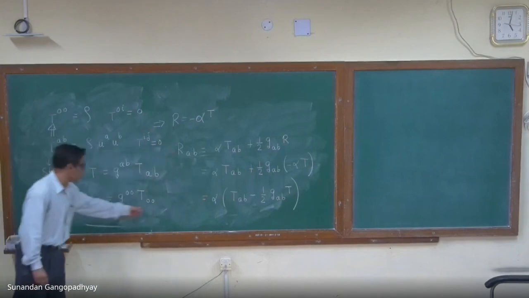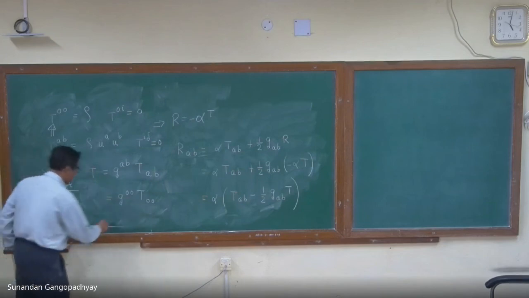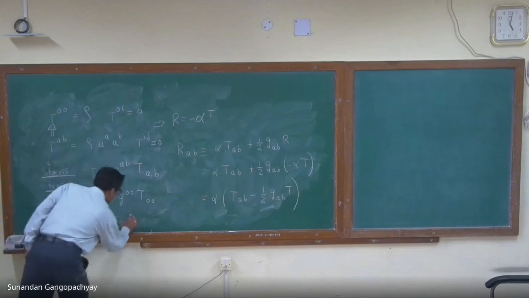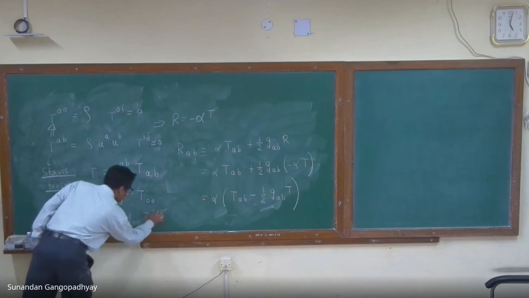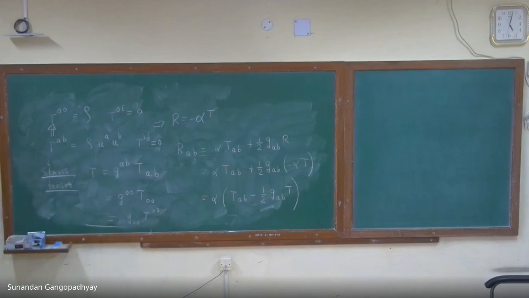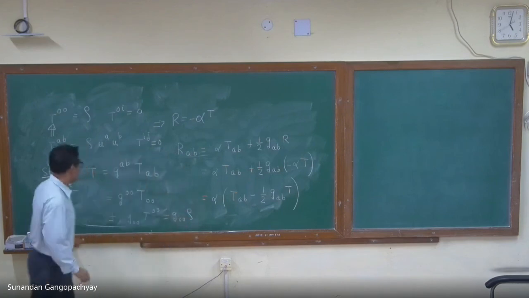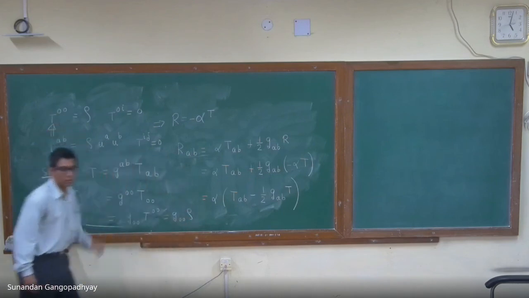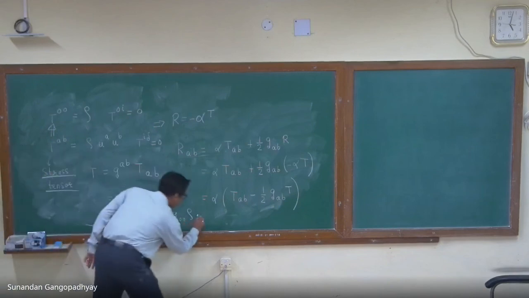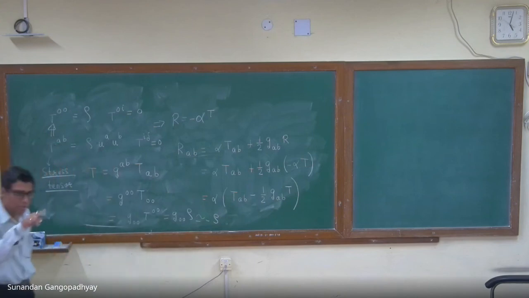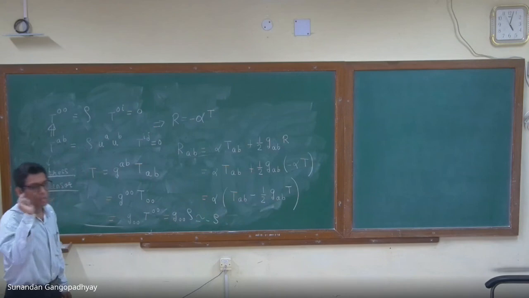So this is G^{00} T_00, and T_00 is rho, and G^{00} is approximately minus 1, because G_00, if you remember, is -1 - 2 phi of x.